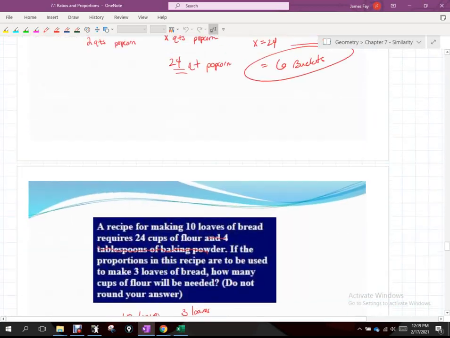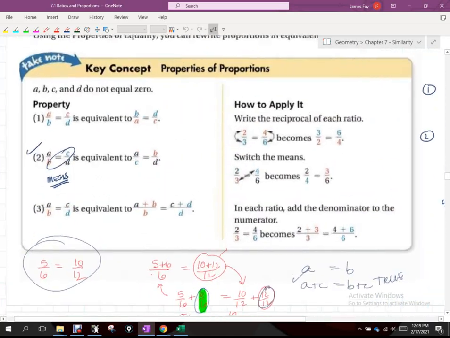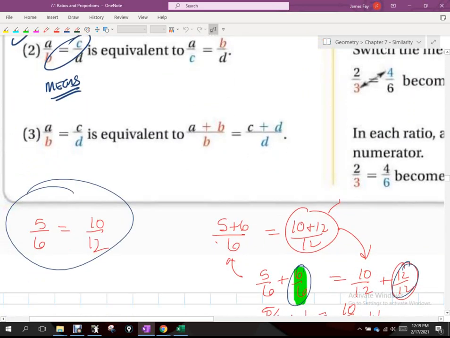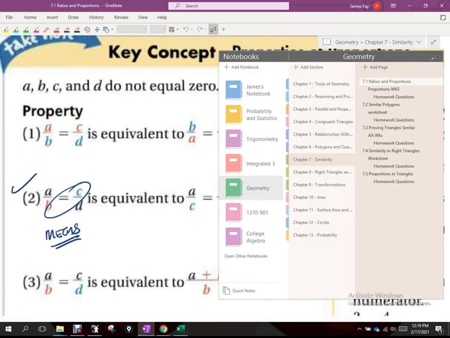Come up here to 7.1. These here say you can find the reciprocal. This here says you can interchange the means. This one here is saying you can add the denominator to the numerator, which is effectively adding 1 to both sides. If you do any of those three things to any stated proportion ever, you will yield a different but yet true proportion.